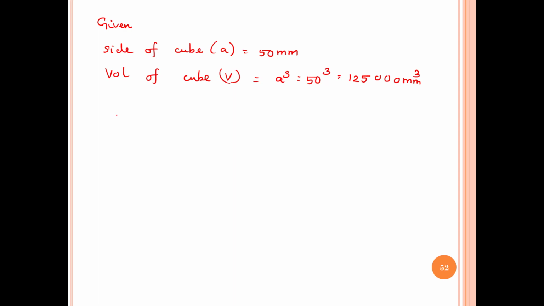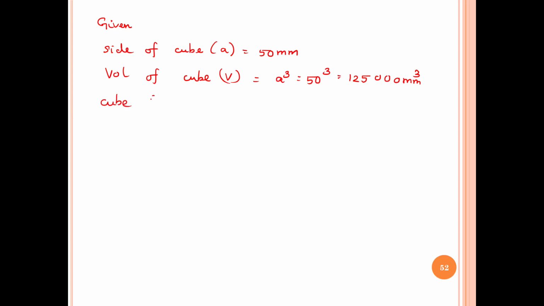In the question, they mentioned that the cube first undergoes volumetric solidification shrinkage by 4%, then it undergoes volumetric solid contraction by 6%.